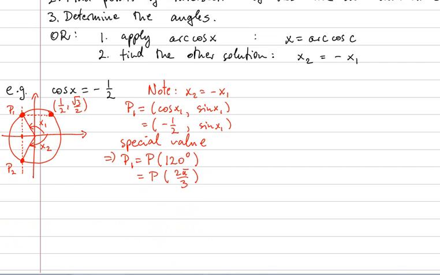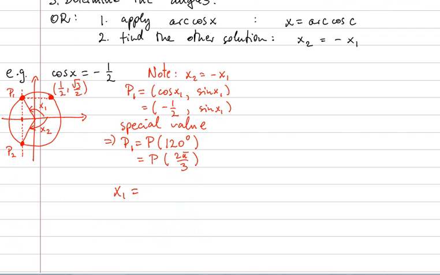So that tells me that x1 is equal to 2 pi over 3 and x2 is equal to -x1, which is -2 pi over 3. Those are the 2 solutions that come from the unit circle.